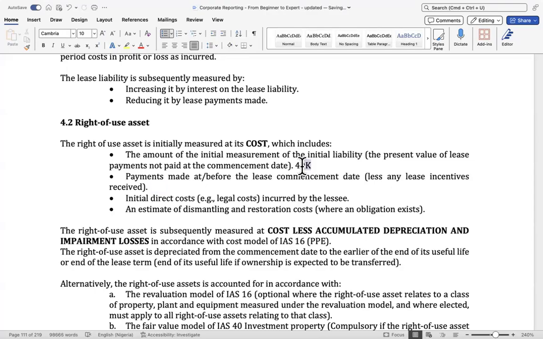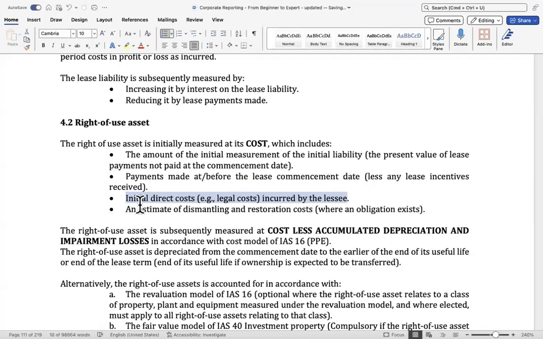And of course, when we talk about acquisition of an asset, either outrightly or through lease, any initial direct costs of acquiring that asset, like legal costs, site preparation, professional fees, all of these must be capitalized.